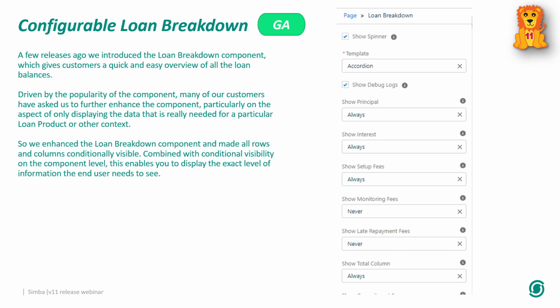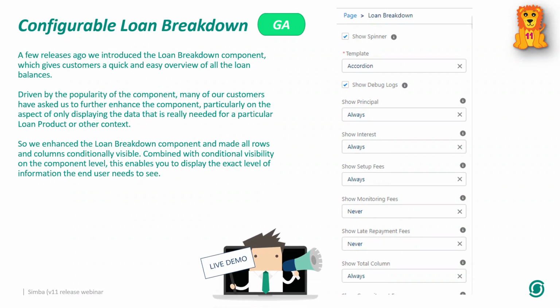So we enhanced the loan breakdown component and made all rows and columns conditionally visible. Combined with conditional visibility on the component level, this enables you to display the exact level of information your end user needs to see on the loan. Ivy will now demo this new functionality to you.